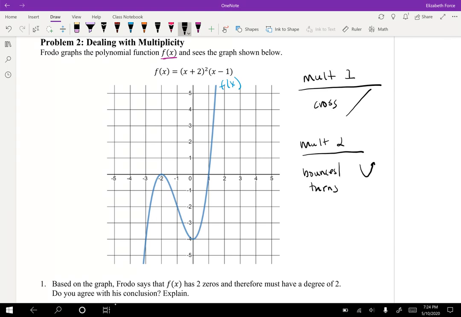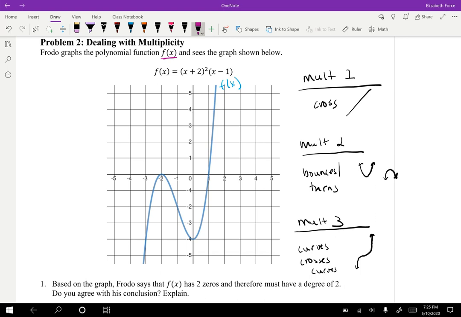So it could look like this. And then if you have a multiplicity of 3, you want to think about a cubic. It curves, crosses, and then curves again, the way a cubic function looks.